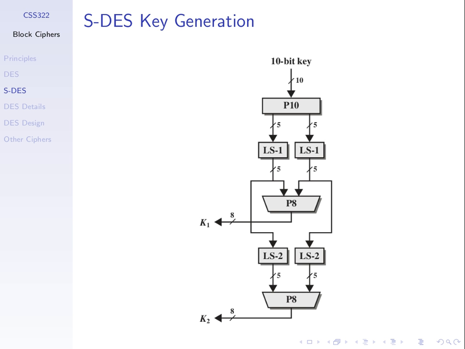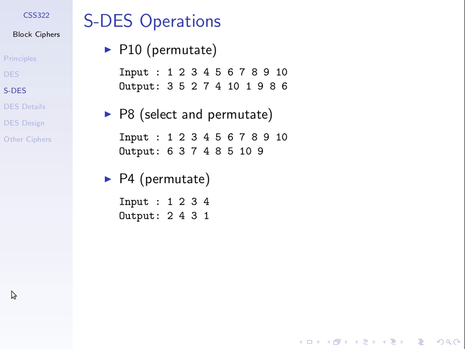We input those 10 bits into permutation P8. P8 takes 10 bits as input and produces 8 bits as output. So it's in fact select and permute. Select and rearrange bits. We discard 2 bits.